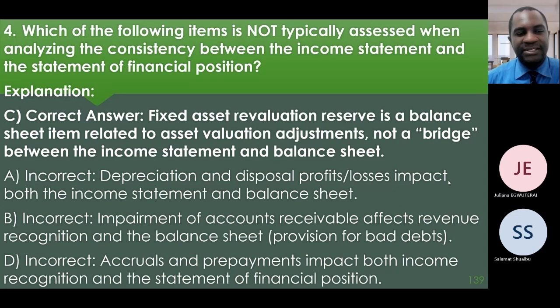Receivable is a bridge because when you are doing cash and credit sales, you are talking of the statement of comprehensive income. Then when you come to your current assets, you still talk about receivables there. So impairment of account receivable is a bridge.